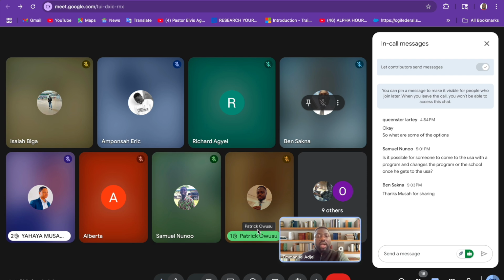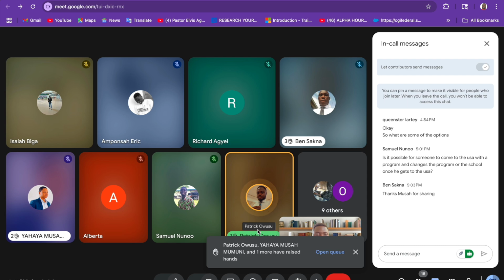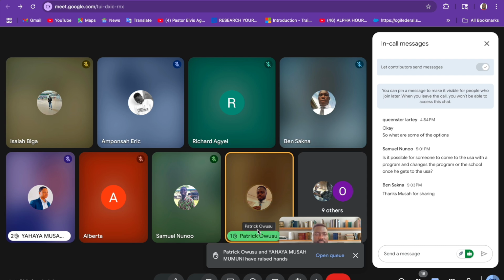Let's go to Patrick. Your hand is up. Yes, I think it was Pronsa who was asking about the age limit. Ben was asking about the age limits. I know a friend who is 29 years old, applied for a bachelor's and got admission. Now he's in the US. So 29 years. Just imagine.